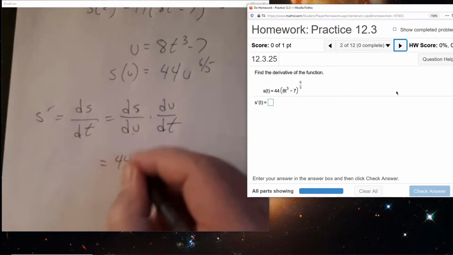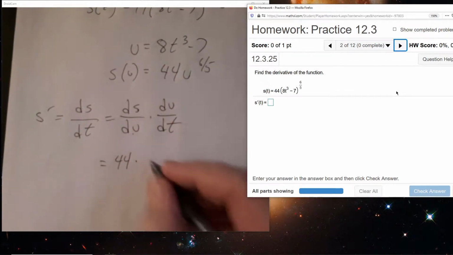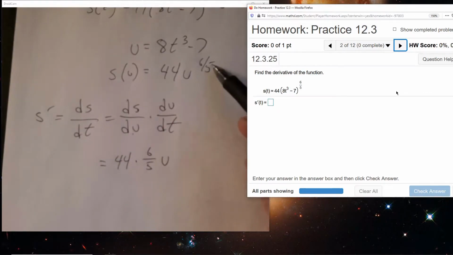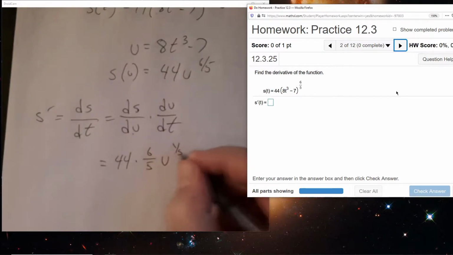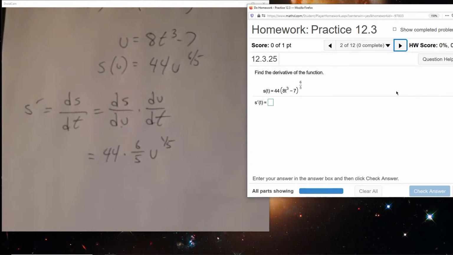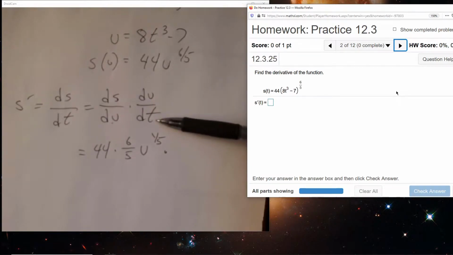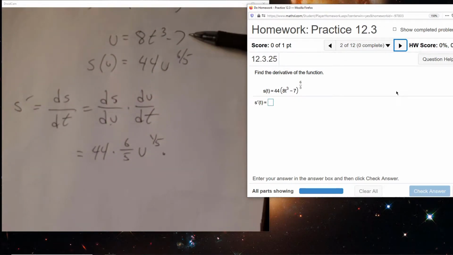So we'll have 44. So the 6/5 will drop down. We subtract 1 from the exponent, so that's minus 5/5 to get us a 1/5. That is ds du.